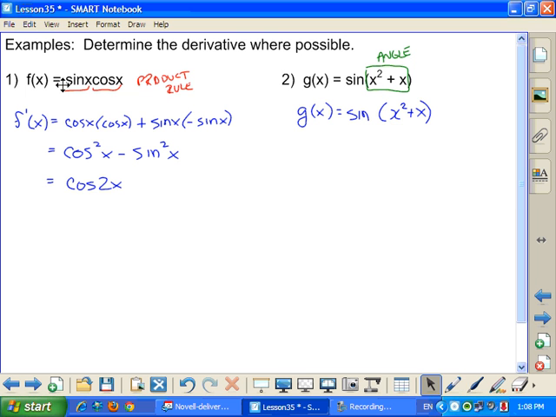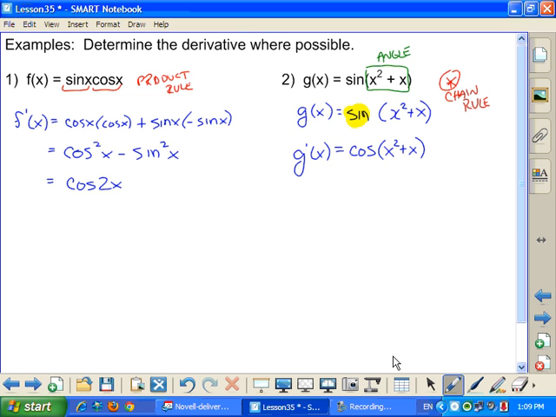Well, this is actually our chain rule. The chain rule says we take the derivative of the outer function. The outer function here is the sine function. So what's the derivative of sine? It is cos, and you don't touch what's in the brackets, x squared plus x.